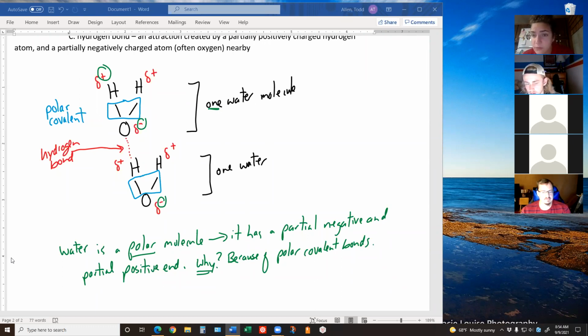So if we don't have polar covalent bonds, we're not going to have a polar molecule. And if we don't have a polar molecule, we don't have one end of a water molecule being negative and one end of a second water molecule being positive. There's no foundation to form the actual attraction. There's no foundation to actually create the hydrogen bond.